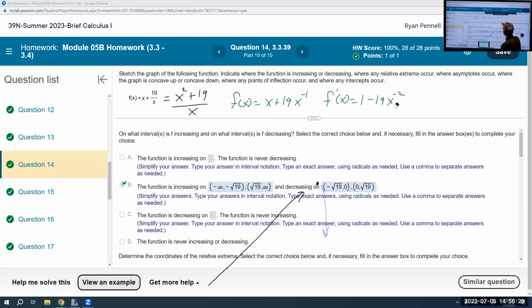Set that equal to 0. f prime of x equals 1 minus 19 over x squared. Set that equal to 0. 1 minus 19 over x squared equals 0. 1 equals 19 over x squared. x squared equals 19. x equals plus or minus root 19. Clear as mud, right?